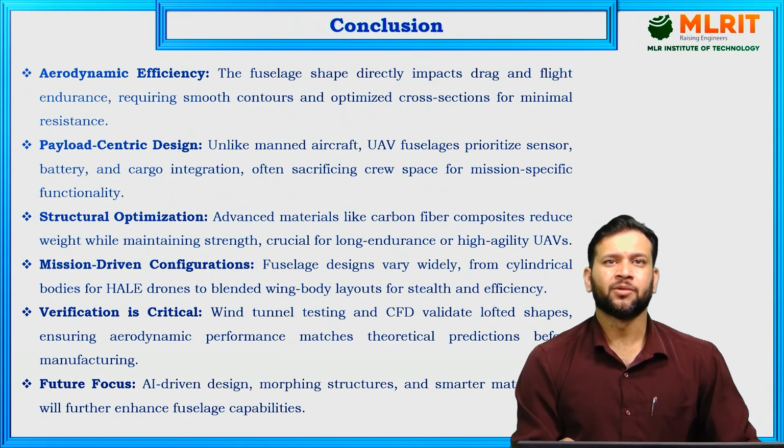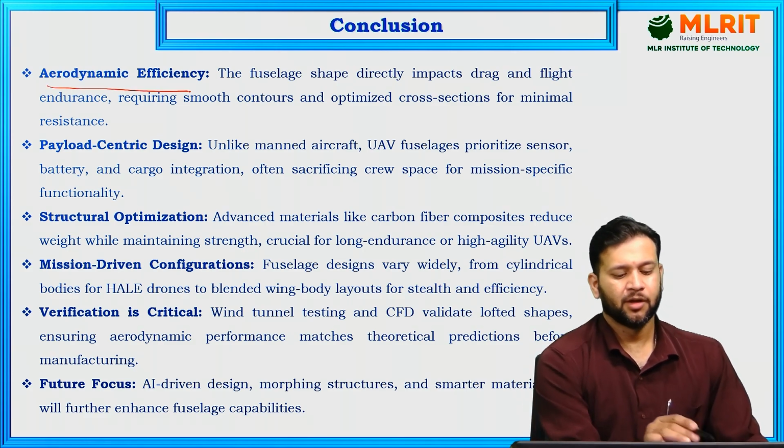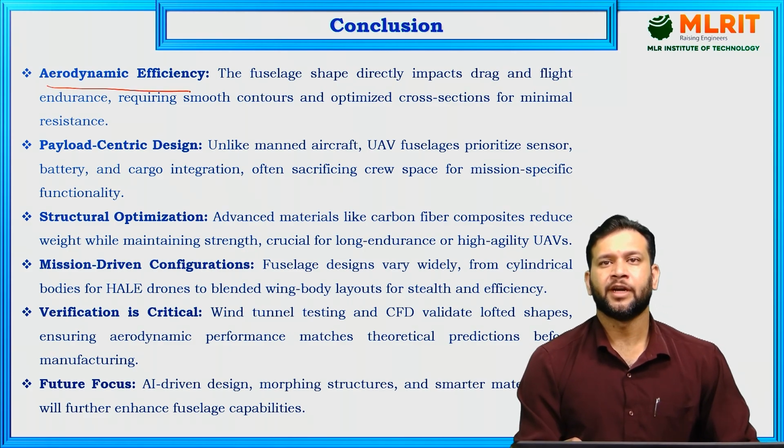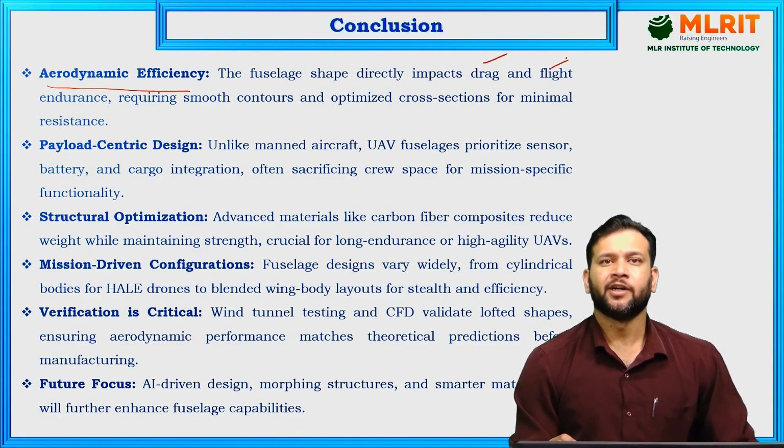Coming to the conclusion of this lecture: fuselage lofting should deliver aerodynamic efficiency, since the fuselage shape directly impacts drag and flight endurance, requiring both smooth contours and optimized cross sections for minimal resistance.